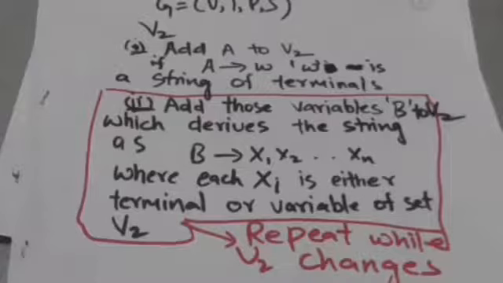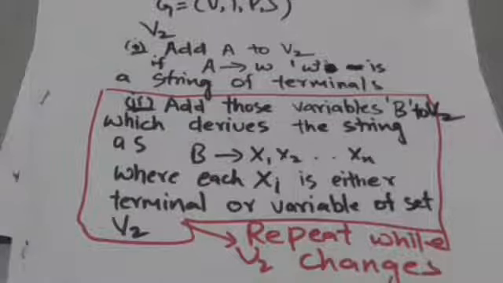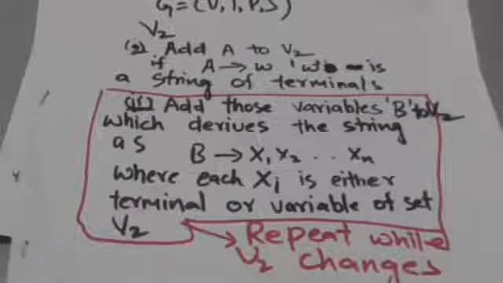It means we will add a variable B in V2 if each symbol of the right side of its production is either a terminal or a variable of set V2. It would be more clear after this example.